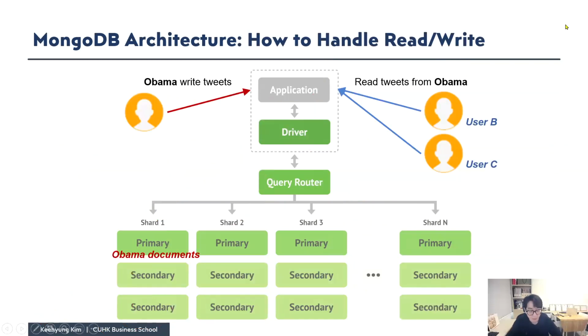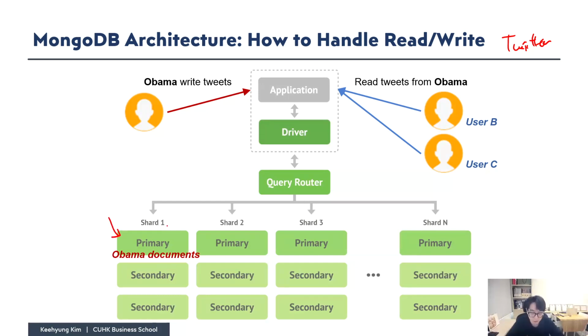So this is another example. I want to give you a brief example of how this MongoDB architecture handles read and write operations. So let's think about something like a Twitter, a web service. This is not exactly Twitter, but let's imagine it's a social network something like that. So let's say that we have Obama's account stored here on shard 1.